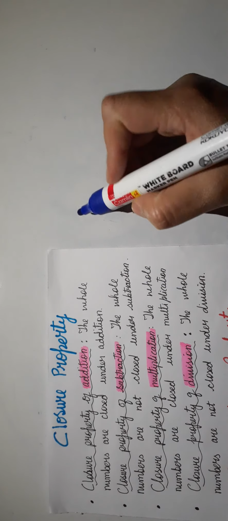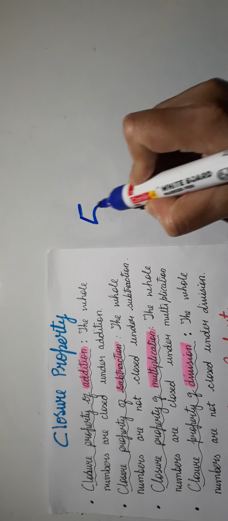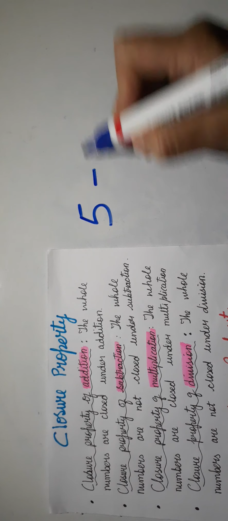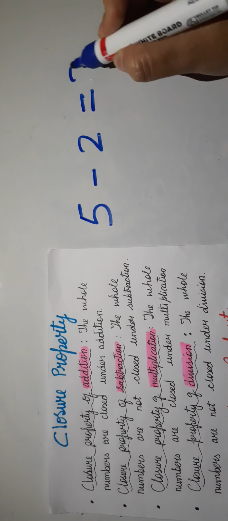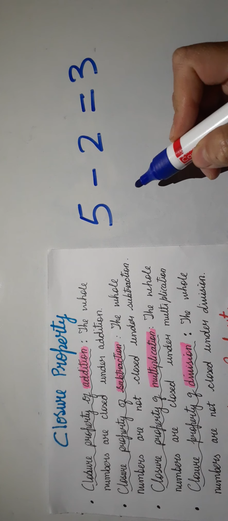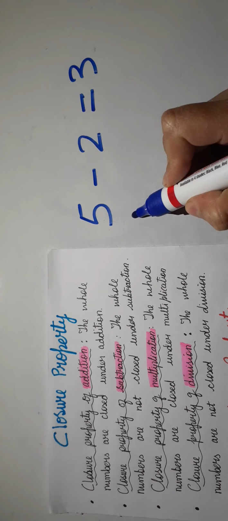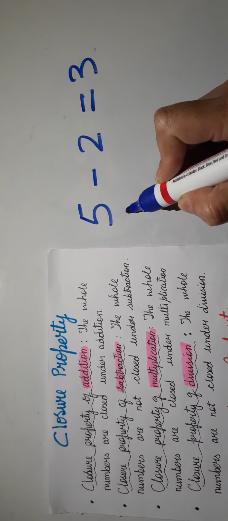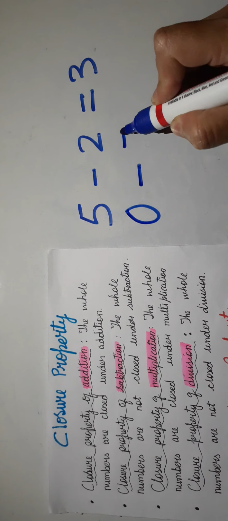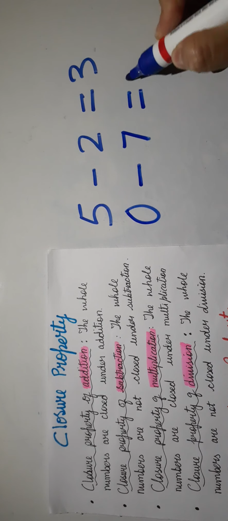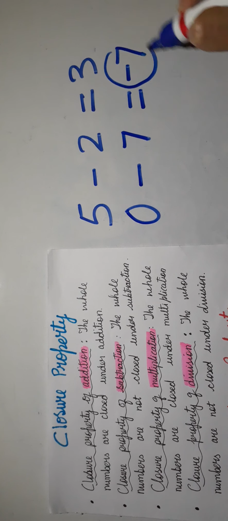Closure property of subtraction. The whole numbers are not closed under subtraction. If I take one whole number, I minus with another whole number, I'm getting another whole number. Now if I take another whole number and I minus with another whole number, my answer is not a whole number.